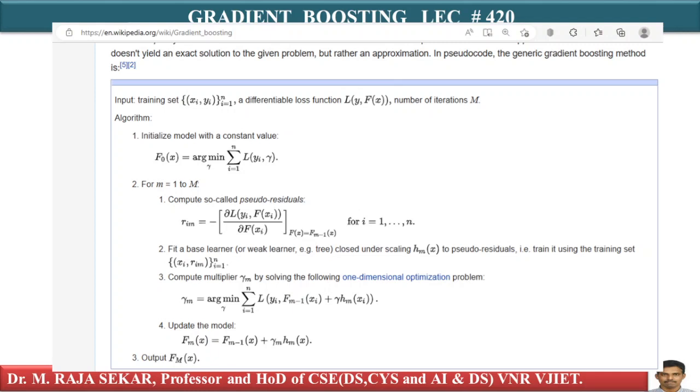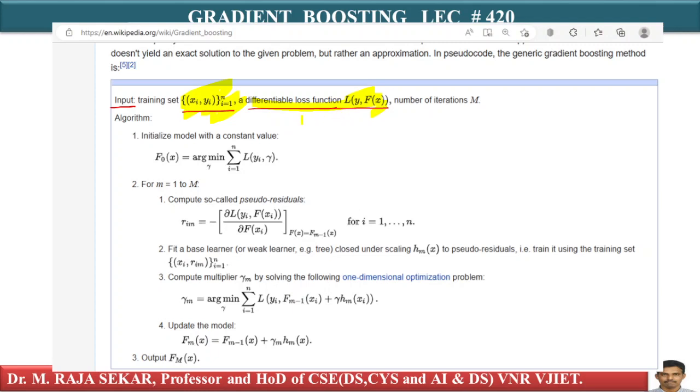What is the input? My input to the algorithm is a training set. What is my training set here? The training set is (xi, yi), i equal to 1 to n, a bunch of n points. Given a differentiable loss function, what are the differentiable loss functions?